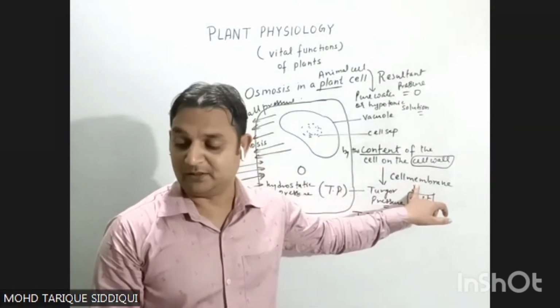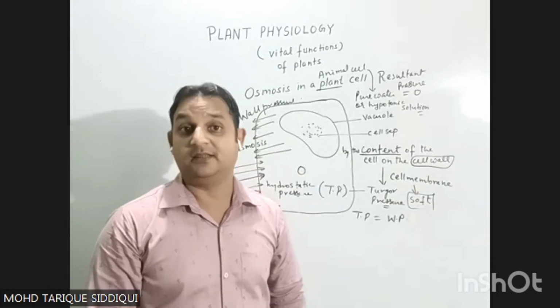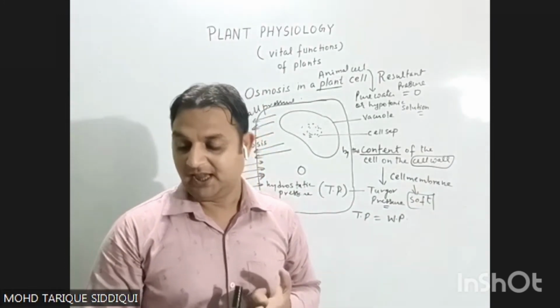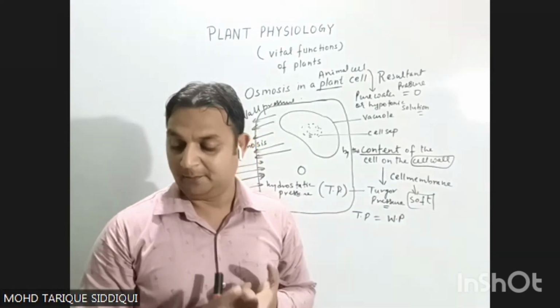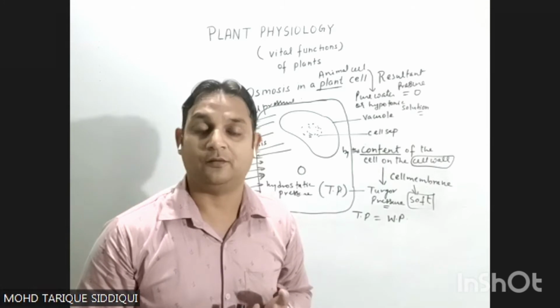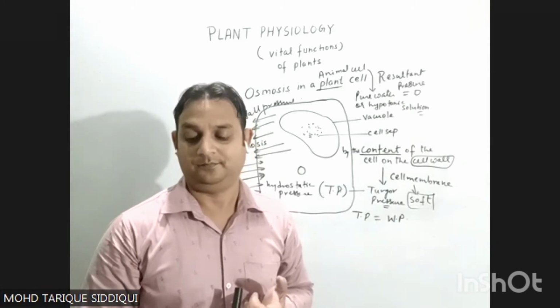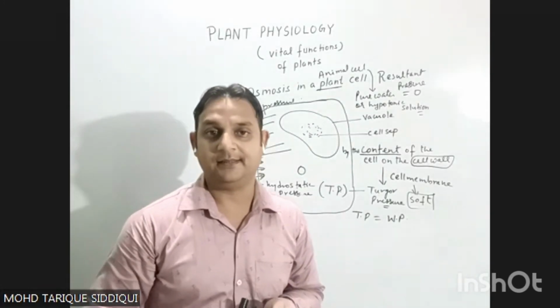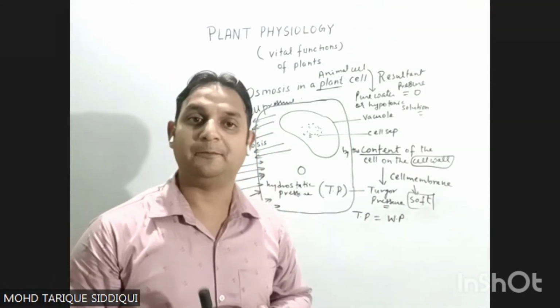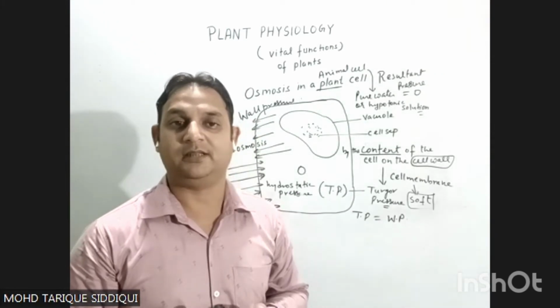The turgor pressure is applied on the cell membrane and the cell membrane breaks because it is very soft. Got it clear? So the animal cell bursts when they are placed in pure water or hypotonic solution.